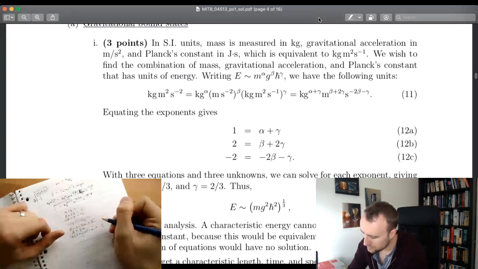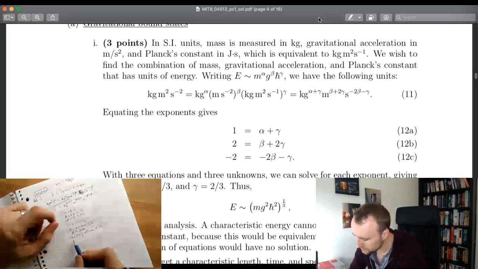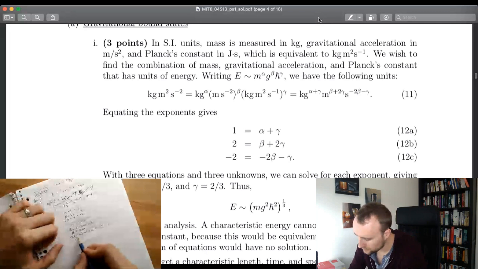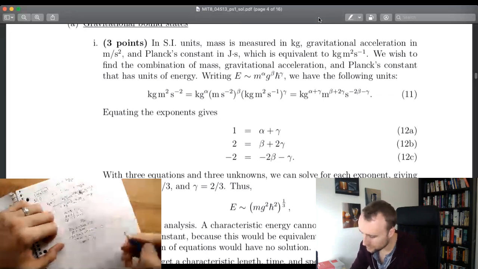We add 1, this becomes 1 minus 1. We have -4 alpha plus -1. So we have alpha is equal to 1/3.